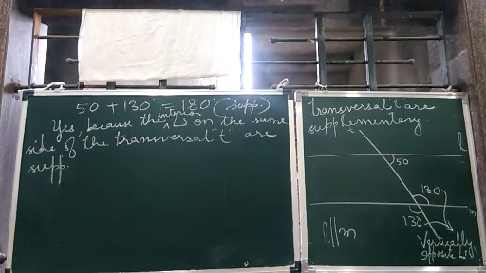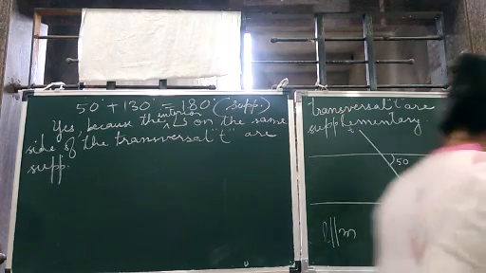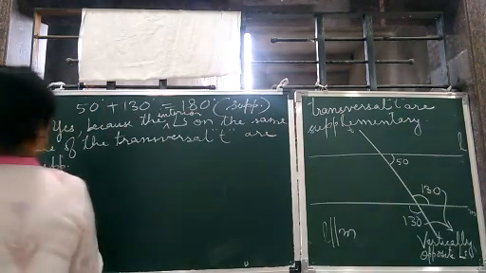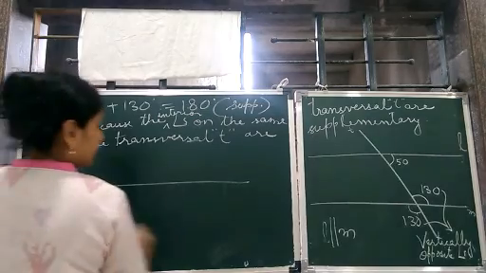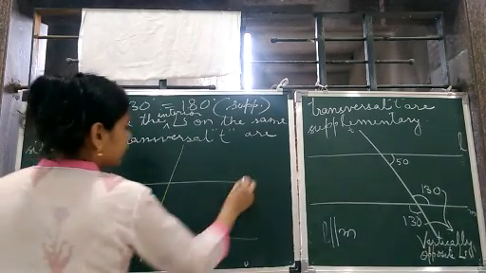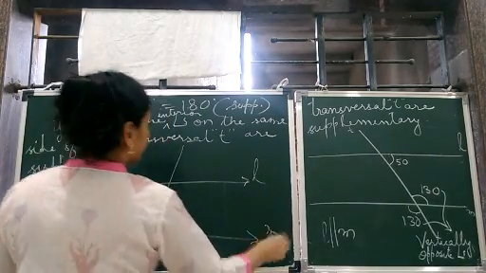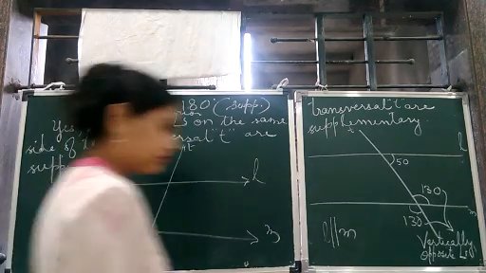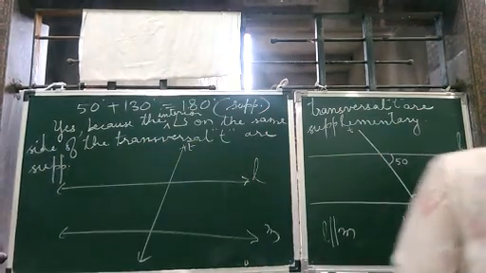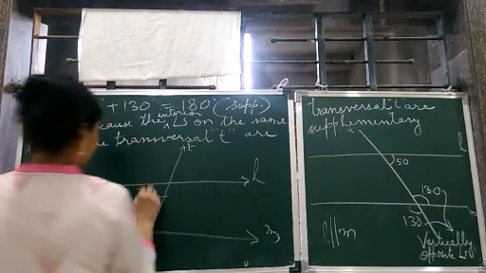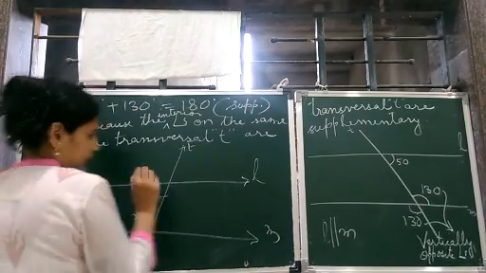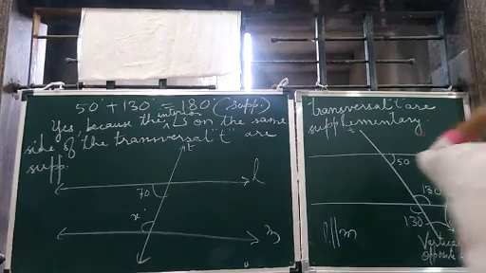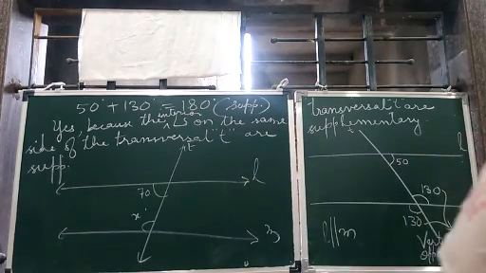Let's go to the third one. Again the same diagram, children. Same type of diagram, something like this. This is L, this is M, this is T, this is 70 degree, and this is X. Now, if L is parallel to M, what is angle X?